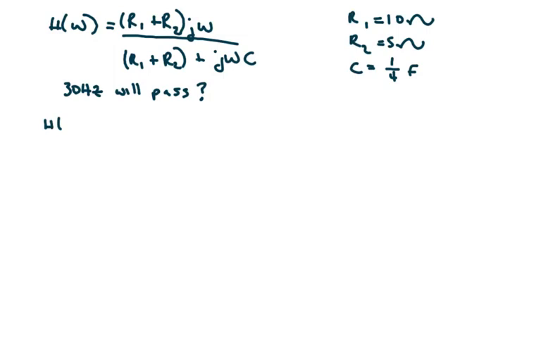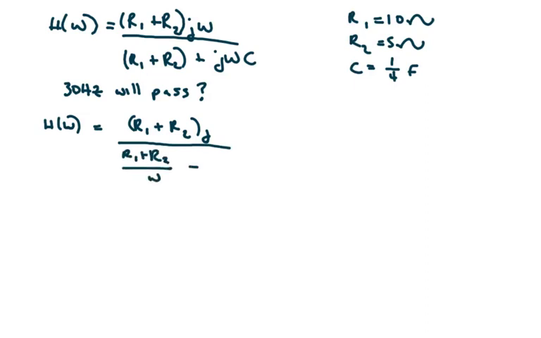So the first thing to simplify that I'm going to do is to divide both sides by omega. So I will have (R1 plus R2) times j over (R1 plus R2) over omega plus j times C. And if I find the magnitude of this transfer function, then I need to find the magnitude of the top and the magnitude of the bottom.